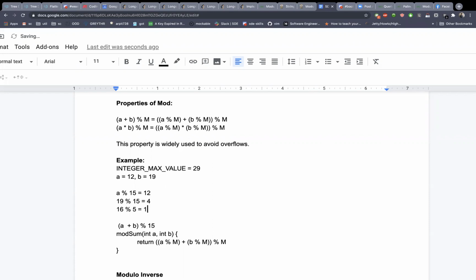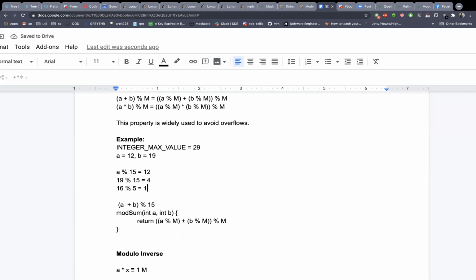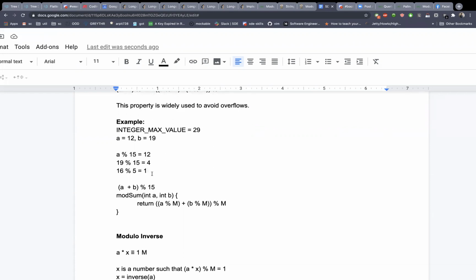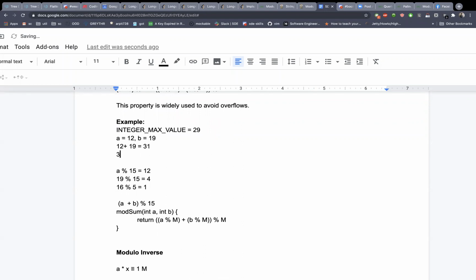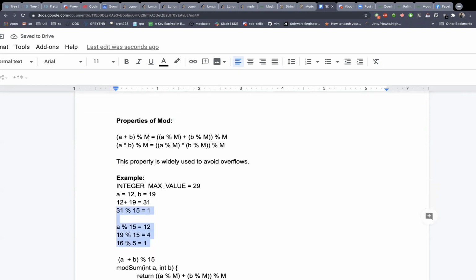So 1 is your answer. Does that make sense? The sum of 12 and 19 is 31, and 31 mod 15 is also 1. So that satisfies the condition which we have studied over here.